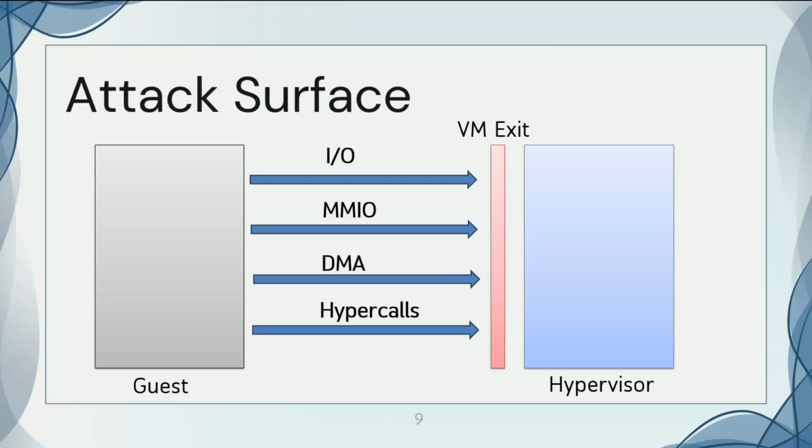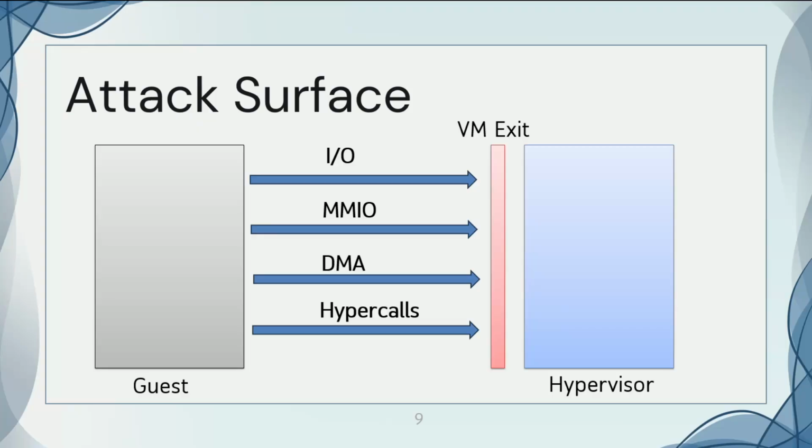If there is a bug in that logic, then the attacker may be able to escape the VM and execute code inside the hypervisor. This is where the threat model comes into play, if one of these privileged instructions allows the malicious actor to break out of the guest system into the hypervisor.